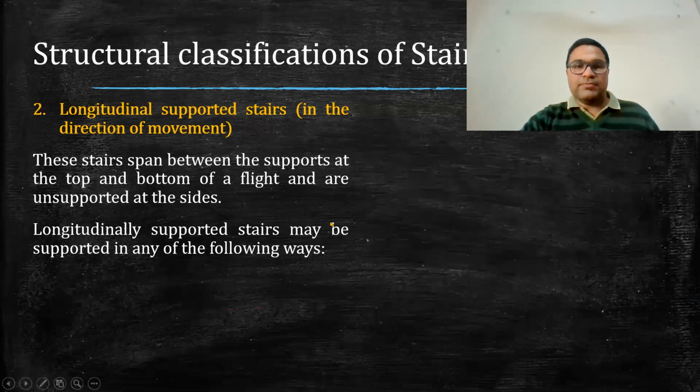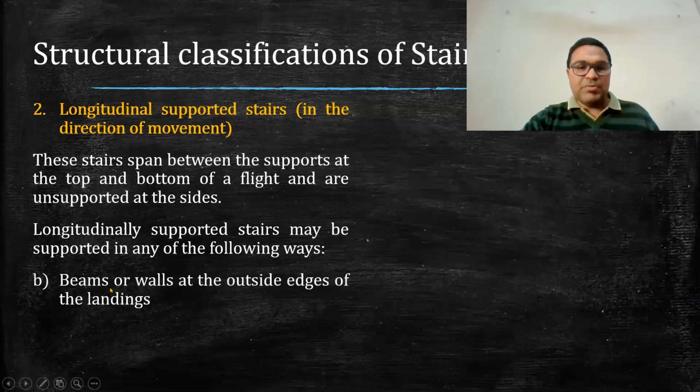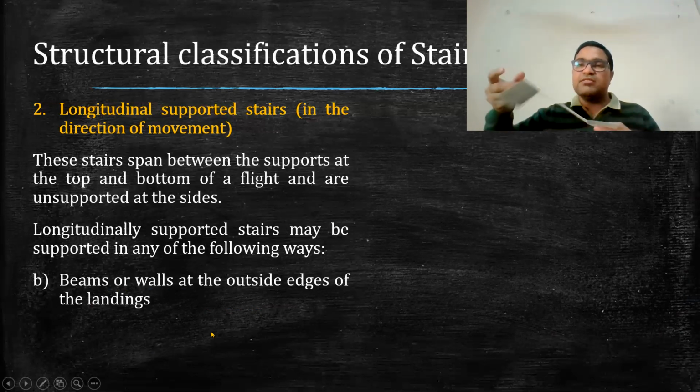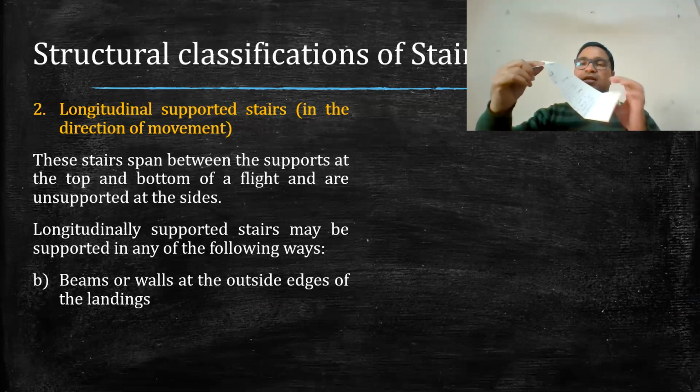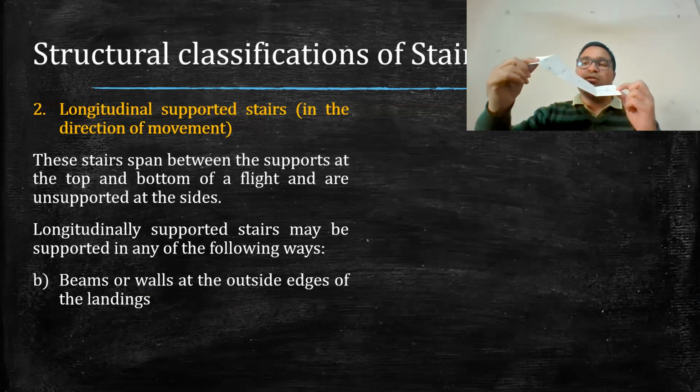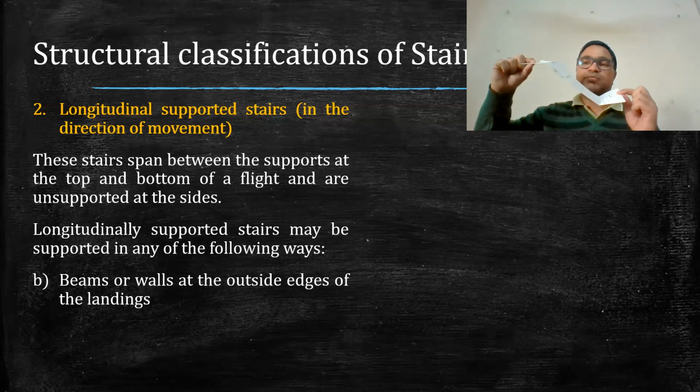Similarly, if we talk about the second case, which is beams or walls at the outside edges of the landing. In this case, we are not providing beam at this junction, and similarly, we are not providing at this junction. I'm talking about this junction. We are providing support only at this point and only at this point.